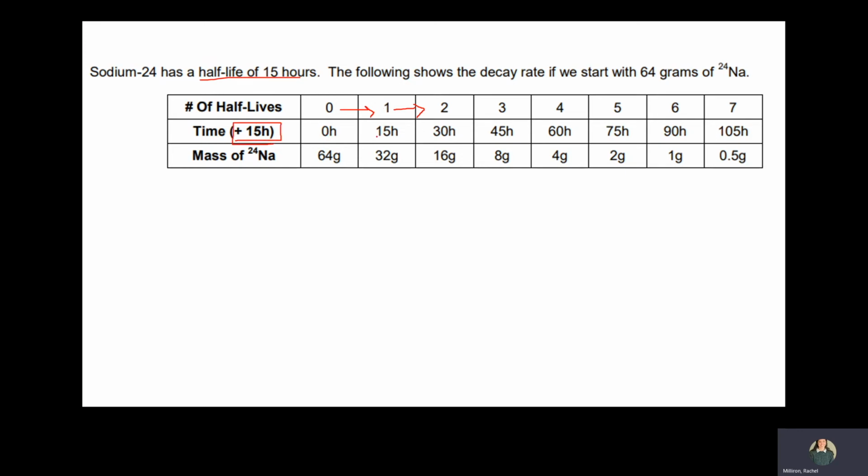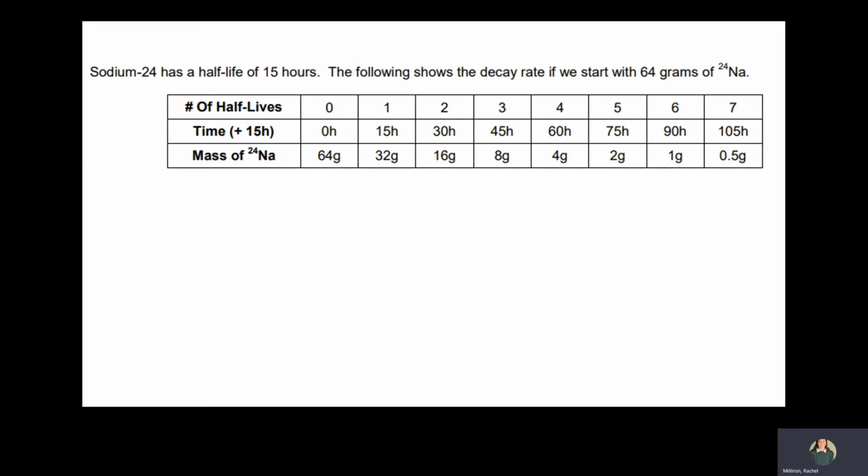So from 0 to 1, we add 15 here. From 15 to 30, we're adding 15. Every time a half-life passes, we're adding 15 to the time that has passed. 30 plus 15 is 45. 45 plus 15 is 60, and so on.